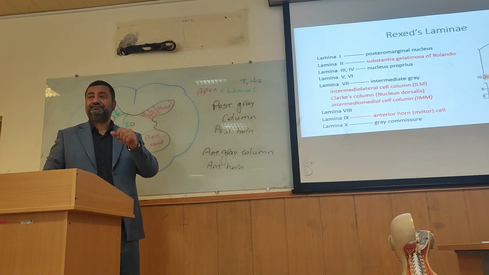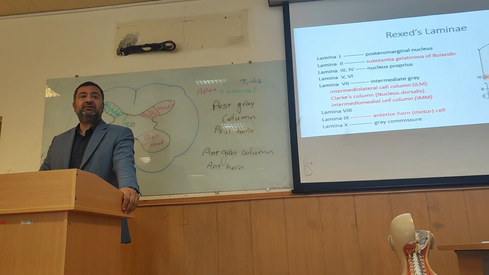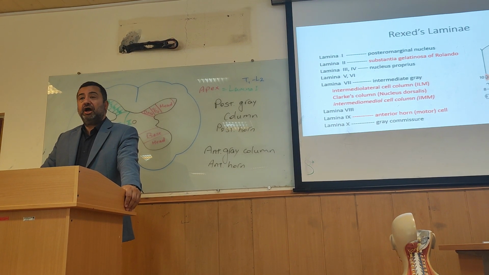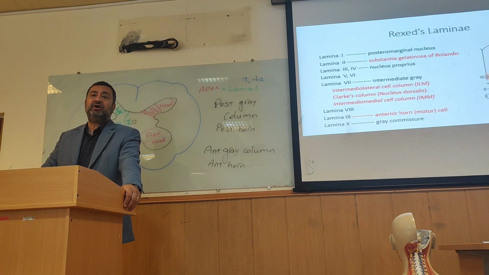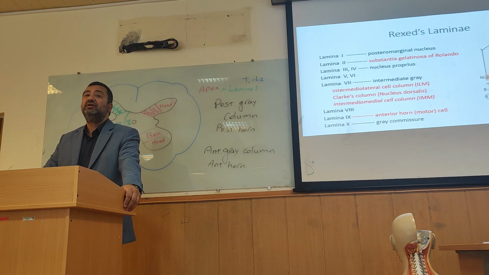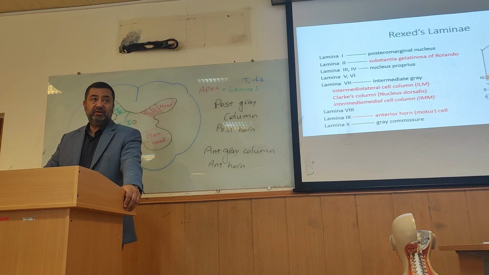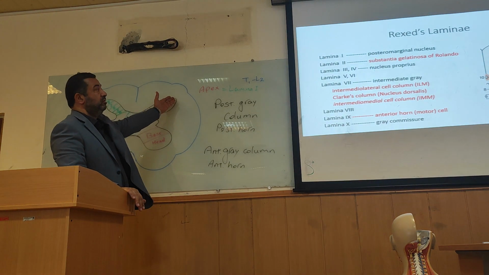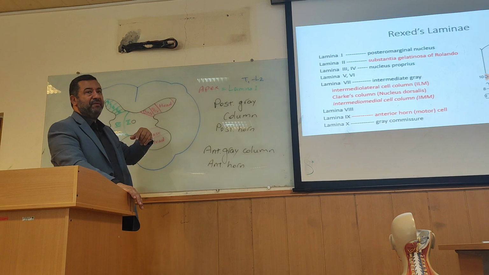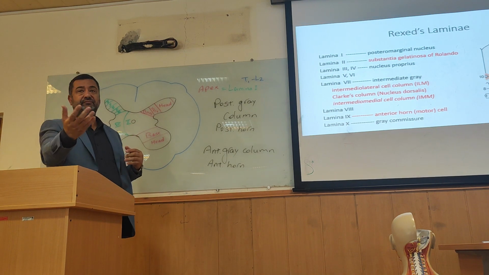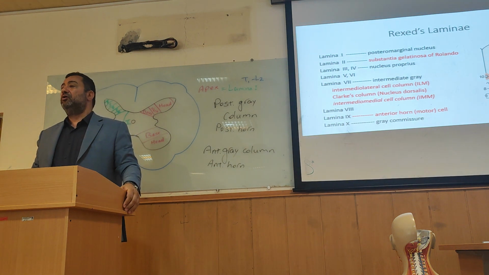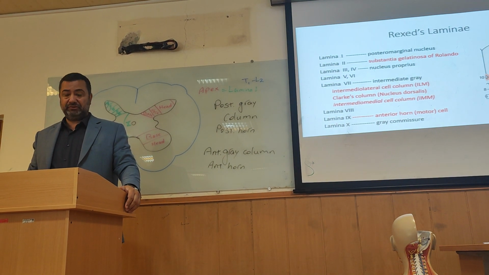If you remember, I told you, collection or aggregation of cell body of neurons in the CNS for a specific function is called nucleus. Posteromarginal nucleus or lamina 1 or apex is one nucleus. Lamina 2, substantia gelatinosa rolandi is another nucleus.